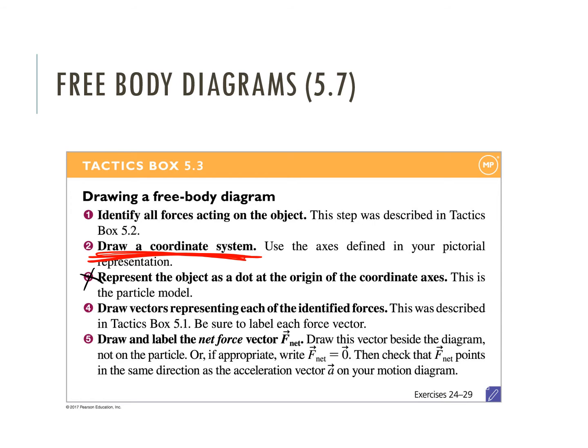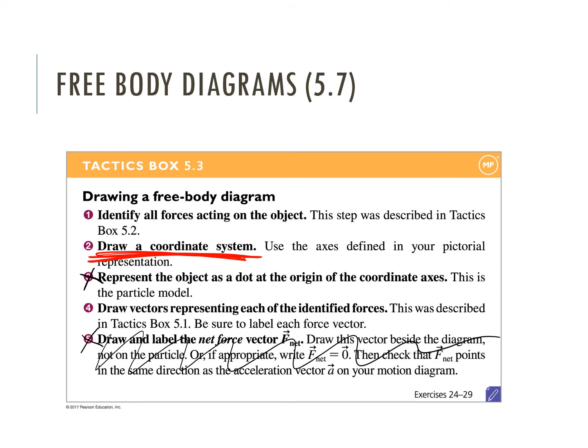Step 5 says draw and label the net force. I am okay if you skip 5, because sometimes you go through a question and you don't know what the answer is going to be till the end. So I'm totally okay, and in fact I don't draw the net force vector. Let's just cancel that one out.